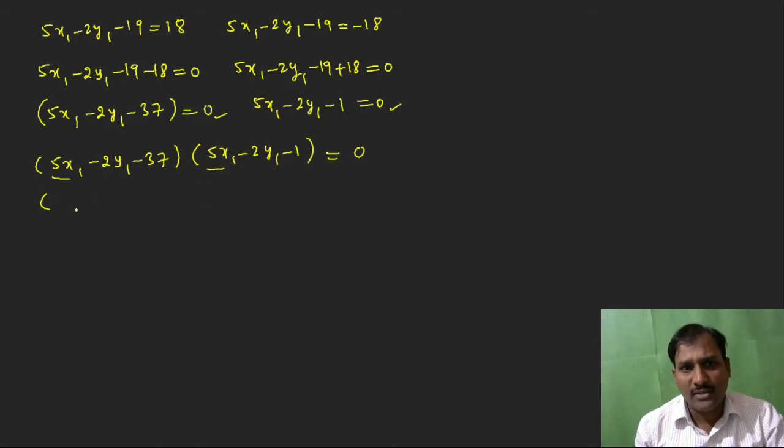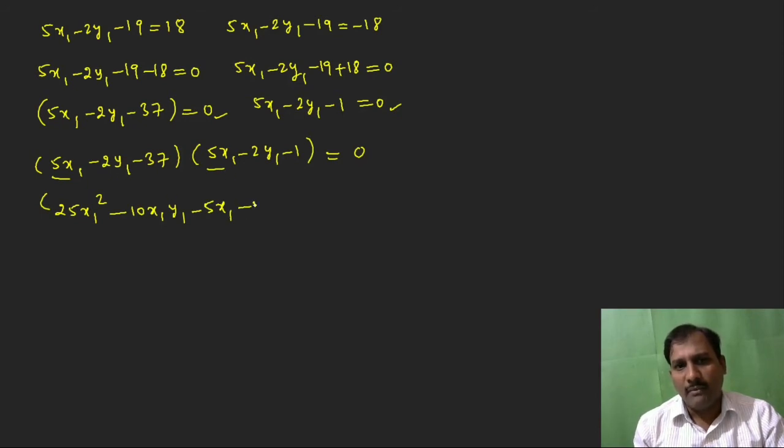5x1 into 5x1 is 25x1 square. 5x1 into minus 2y1 is minus 10x1y1. 5x1 into minus 1 is minus 5x1. Next, minus 2y1 into 5x1 is minus 10x1y1. Minus 2y1 into minus 2y1 is 4y1 square.